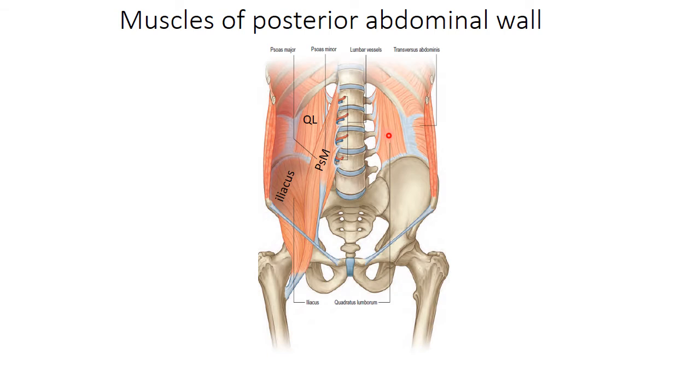Quadratus lumborum muscle, see over here, it is very clearly seen. And lateral to that, this muscle is the transversus abdominis muscle. So this is the posterior most aponeurotic part of the transversus abdominis muscle. So all these together will make the muscles of the posterior abdominal wall. Let's see each one by one.